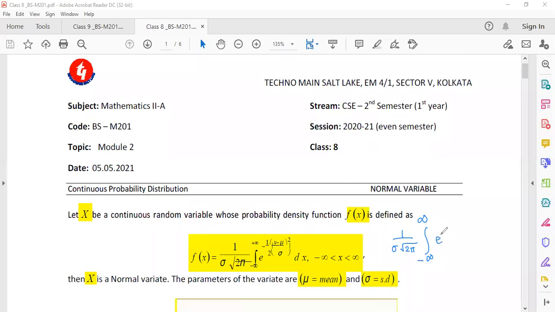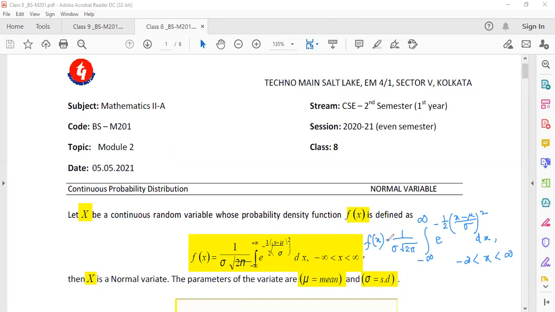Then we have e to the power of minus half, x minus mu by sigma, whole square, for x in the range. And the variable x is taking continuous values within this range. So this is your f(x).